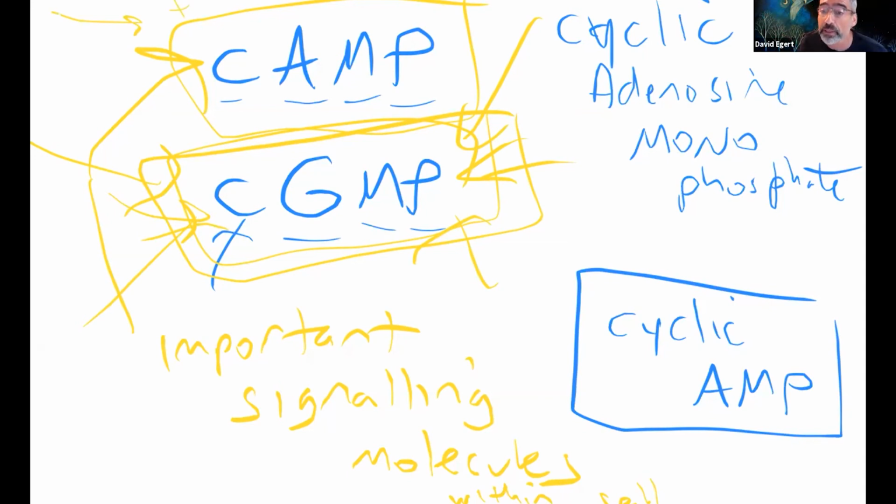These are going to be important. They'll be your friends. By the end of the semester, you'll see cyclic AMP and cyclic GMP and think of them as just another fundamental molecule in cells doing super important stuff. All right. I talked more than I thought. Any questions about any of this?